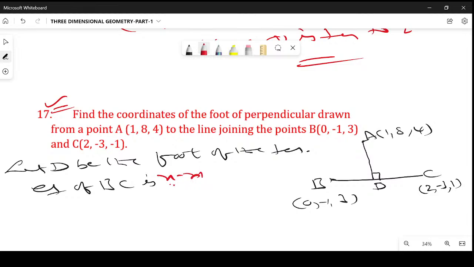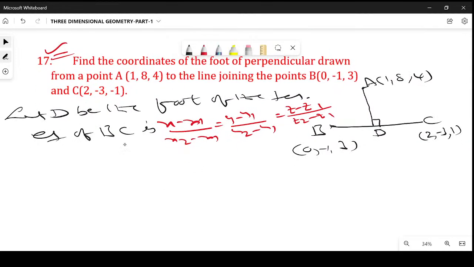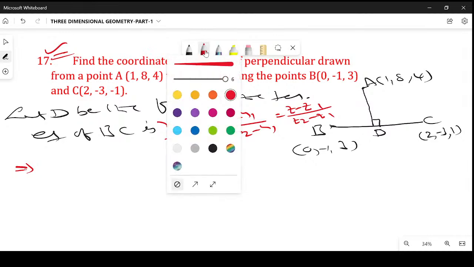Now you can find the equation of BC by writing the values in this.